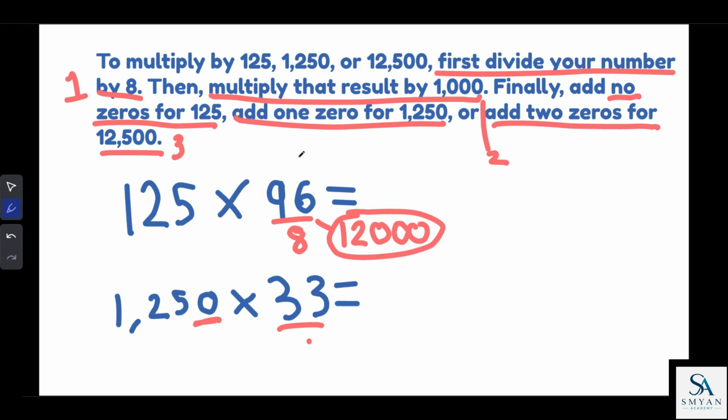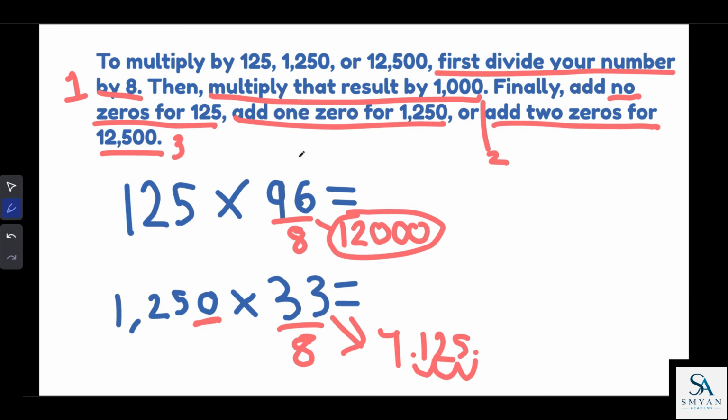Moving on. 1,250 times 33. Well, we first divide that by 8. So now what we do is we go into 33 divided by 8, which will give us 4.125. So now what we do is we shift the decimal point 3 times because you multiply by 1,000. So we go 1, 2, 3, and you drop the decimal.